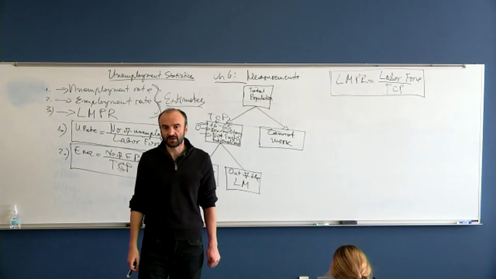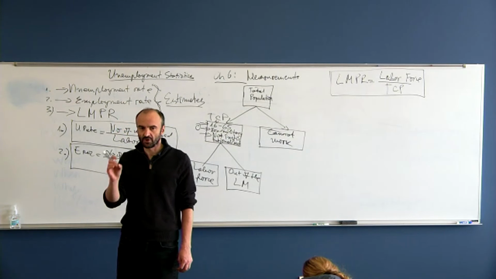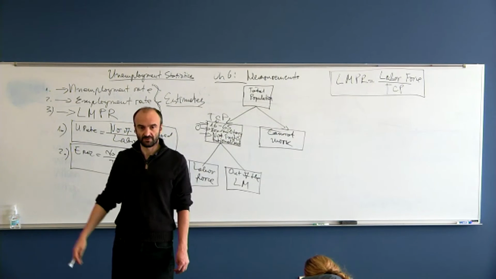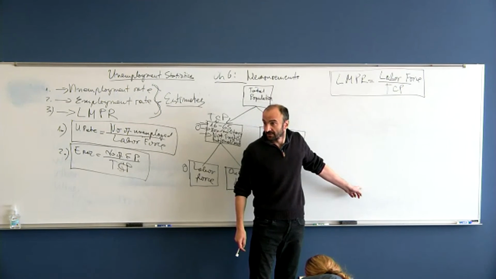So if you have a very high labor market participation rate, it means that you have a very low number of people who are discouraged, who are outside of the labor market. People who are unemployed are people who are trying to find a job. So those are not desperate people.